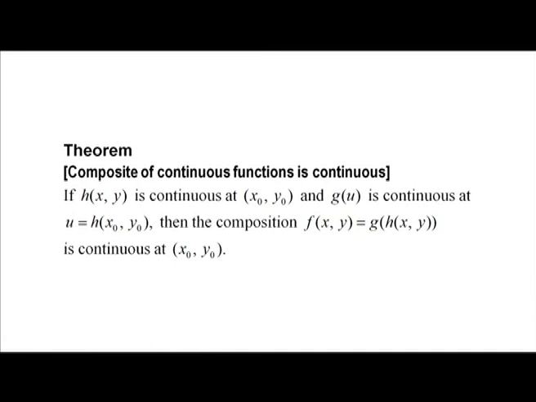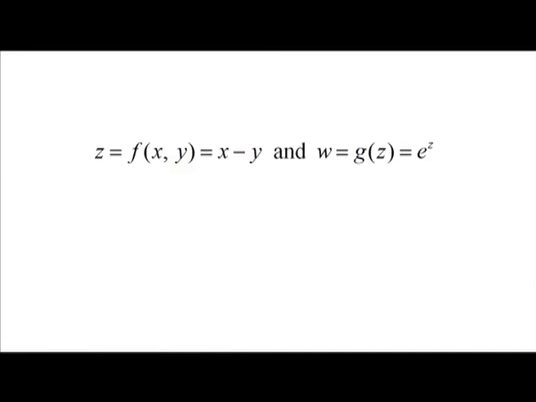As an example, z = f(x, y) = x − y and w = g(z) = e^z are continuous functions. Hence, the composite w = g(f(x, y)) = g(x − y) = e^(x−y) is continuous.